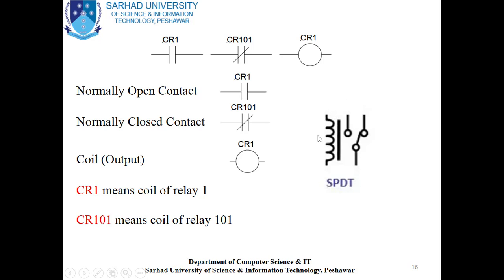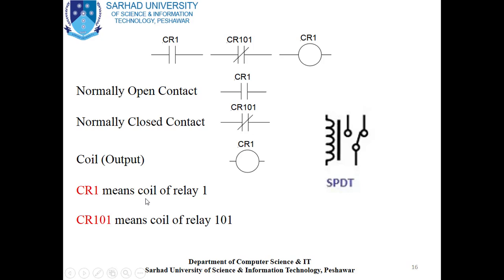Here you can see the schematic diagram of relay. Here you can see the close contact and normally open contact. So this symbol of relay is single pole double throw, in which you can see the coil and normally closed contact and normally open contact.